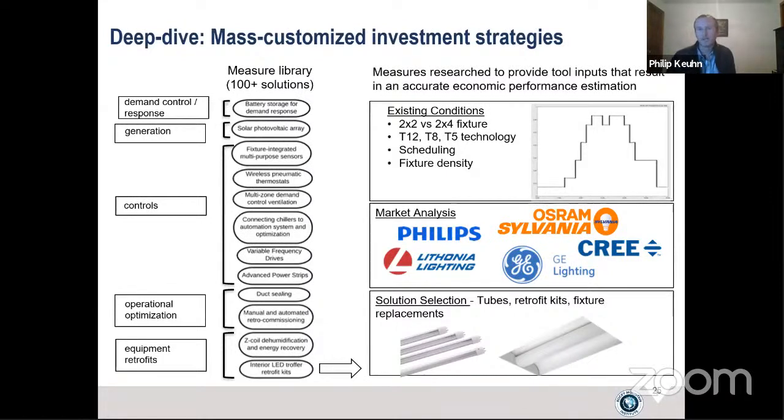So an LED tube may have a much better ROI than a fixture, but the fixture may have an integrated sensor package that allows us to do daylighting control, occupancy, and demand response. Can we use all those additional functions to get much deeper savings and improve the ROI to the point where it's competitive with that tube? Those are the types of things that we're trying to evaluate.